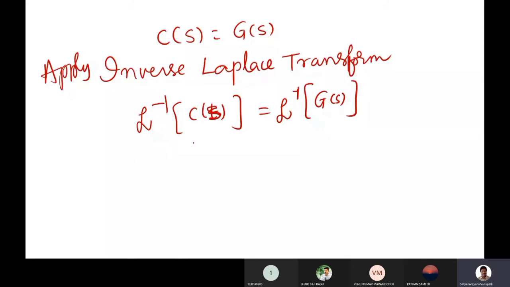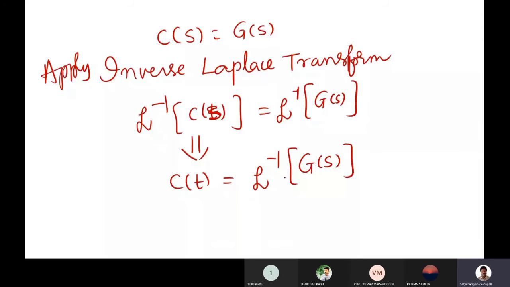We know that the inverse Laplace transform of C of s is C of t. So C of t is equal to inverse Laplace transform of G of s. This is known as its impulse response or natural response.